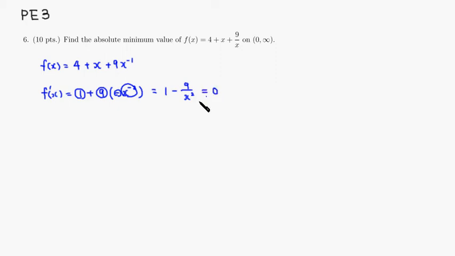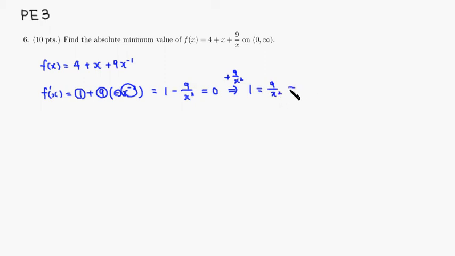First, we add 9 over x squared to both sides. So you get 1 is equal to 9 over x squared.